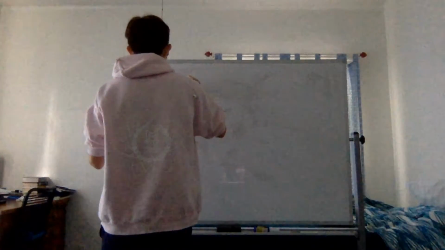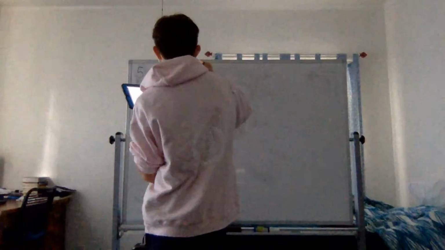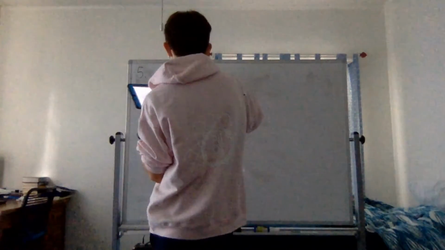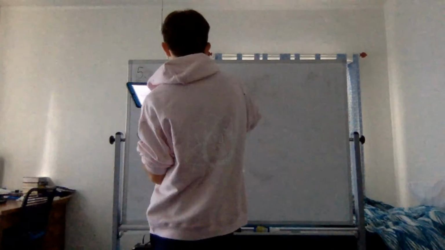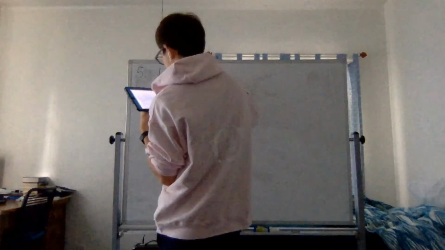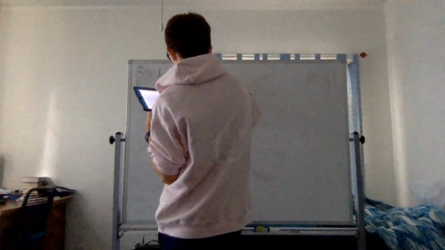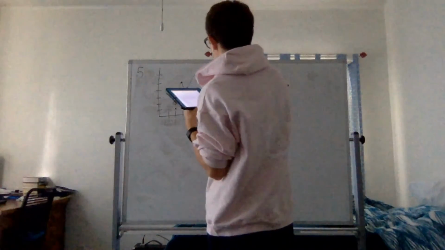Also 4 at 4. 5, about 6. 6, about 4. So this is the graph of f of x.